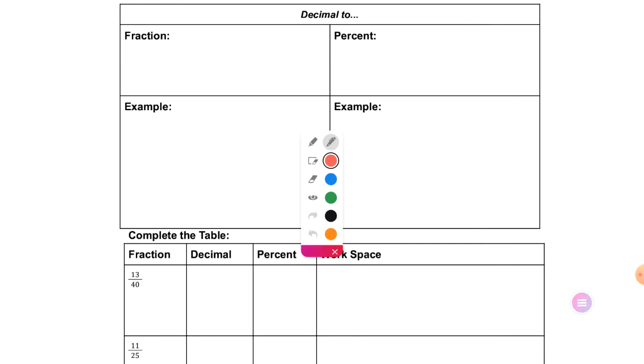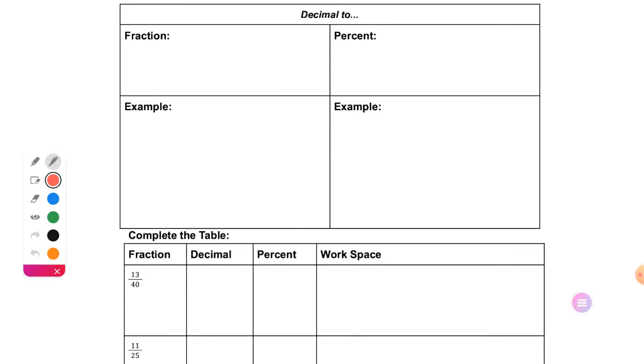Okay, next one, decimal to a fraction. How do we turn a decimal to a fraction? So easy, it's hard. Brady? Well, you could just do the thing that I said earlier. Which is what? Just say, however you say it in the decimal is how you say it in the fraction.